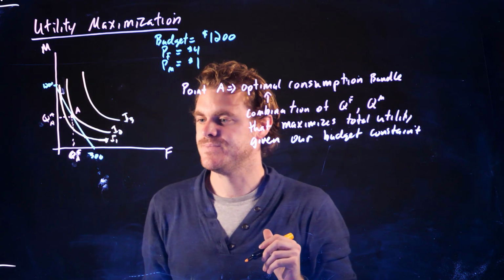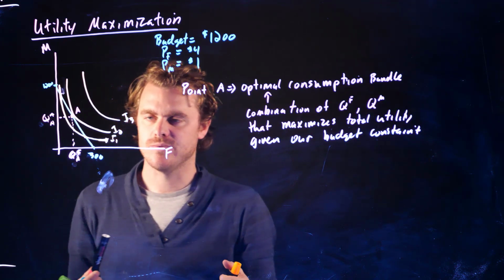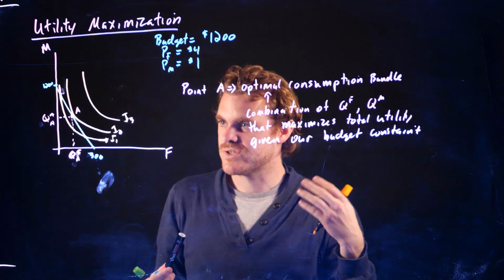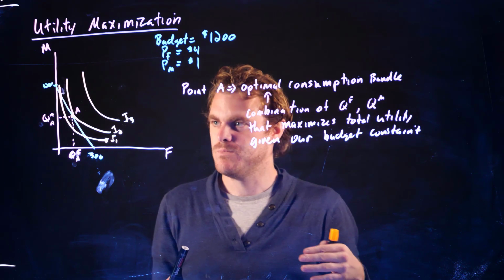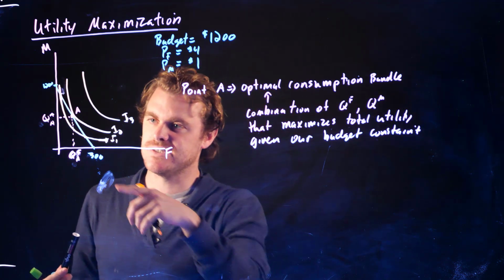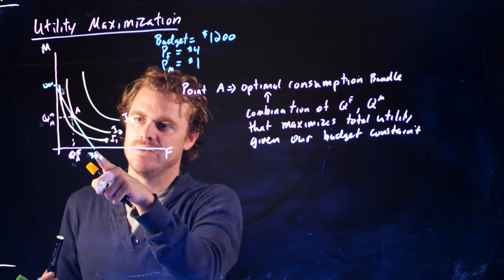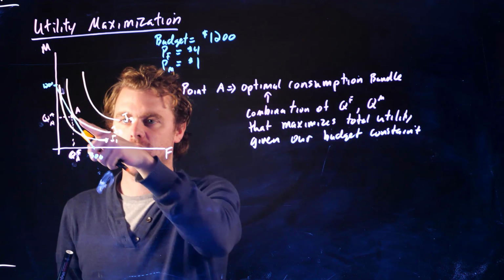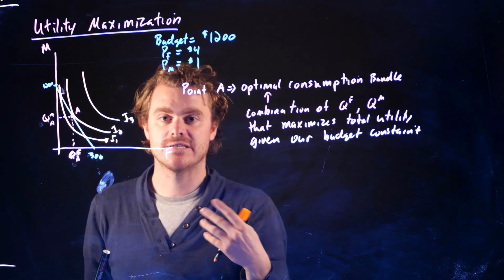And that's going to be the highest indifference curve we can get, where we can just afford one of the bundles of goods. So let's think about what's true at this point A. What's true at point A is that the slope of the budget line is equal to the slope of the indifference curve, because they're tangent.